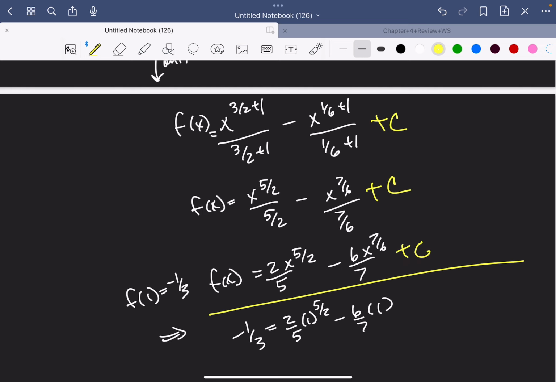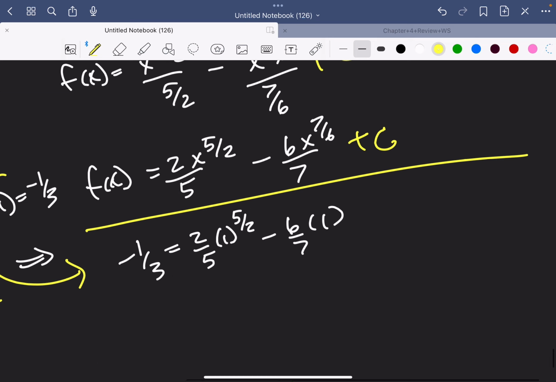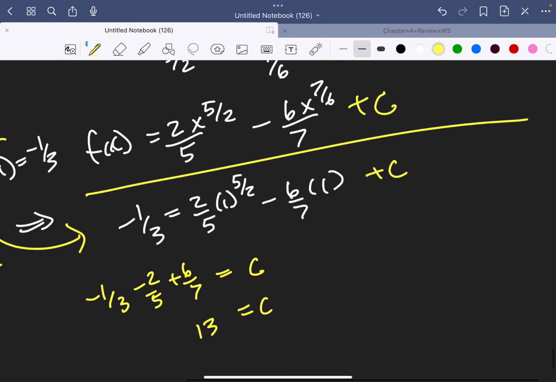And that's why we plug in to solve for that c, that's really what we're doing. And so what you get is that c is equal to negative 1/3 minus 2/5 plus 6/7, which, if you love fractions, that turns out to be 13 over 105, which is ridiculous.